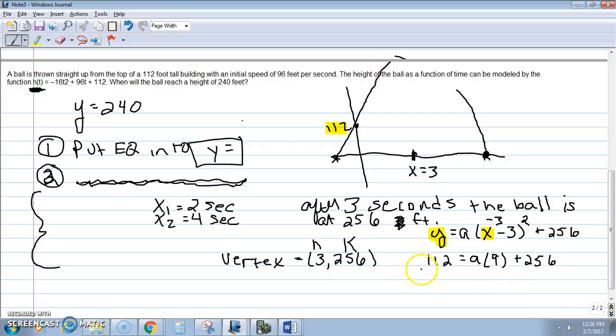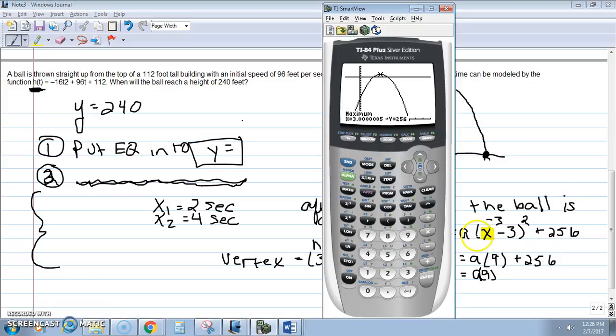Subtract 256 from each side, and I get a times 9 is equal to what is that? I'm not going to be able to do that in my head really quickly. So 112 minus 256, negative 144. And then I know I'm going to have to divide that by 9.